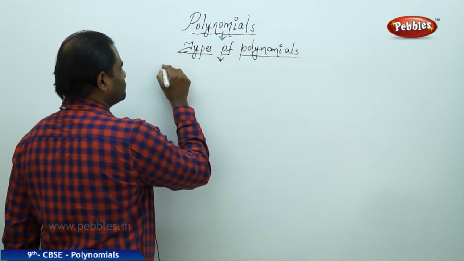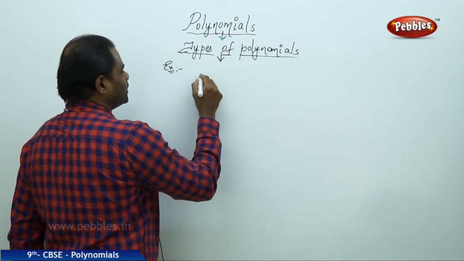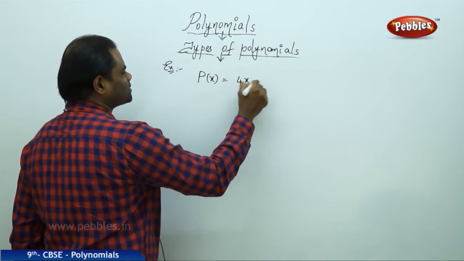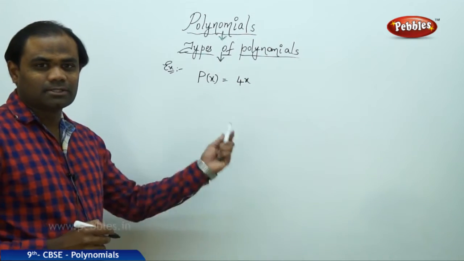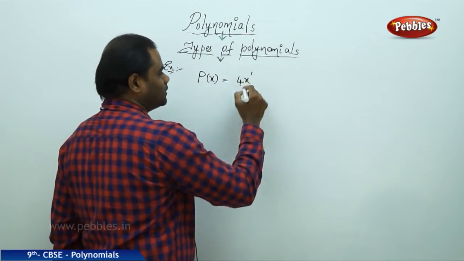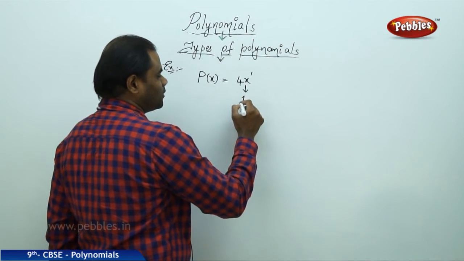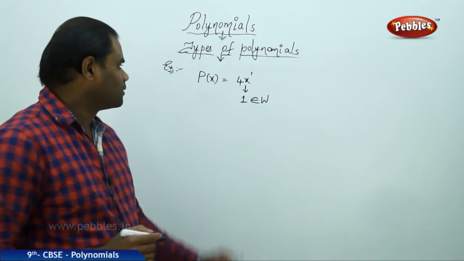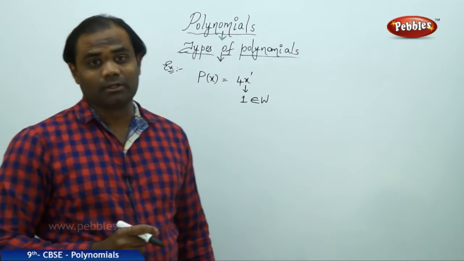So let me take, for example, a polynomial P of x equals 4x. Surely this is a polynomial because the power of the variable is 1, which belongs to whole numbers. Therefore, P of x is a polynomial.